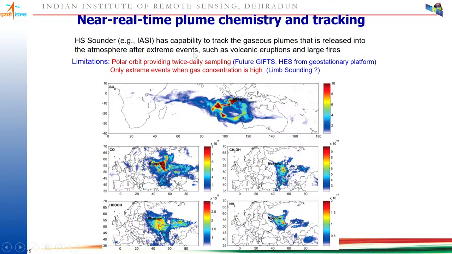Suppose there is a volcano or any other event, whether it is an accidental fire, a forest fire, a stubble fire, industrial emissions, volcanic activity or anything else, it can measure or monitor the different types of species emitted, number one. Number two, it can also see how the species, the pollution or the gases are distributed and how they travel from one place to another place.